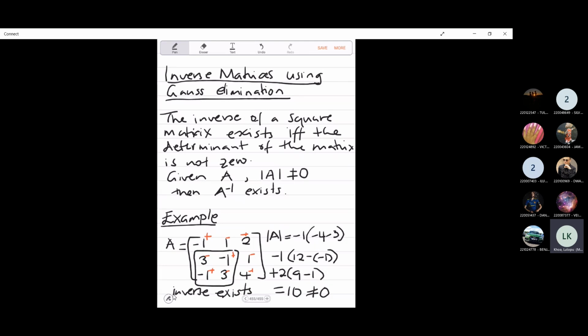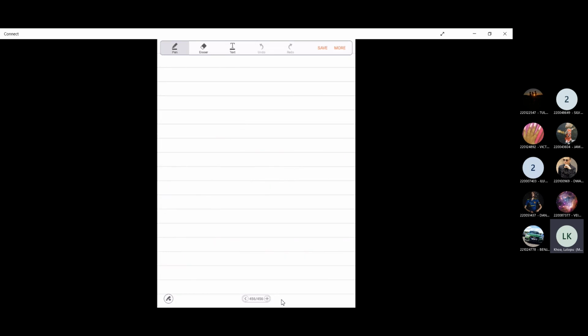Okay, so now that we know that the inverse exists, we can proceed to actually work out what the inverse is. The way we do that is we draw an augmented matrix like this.